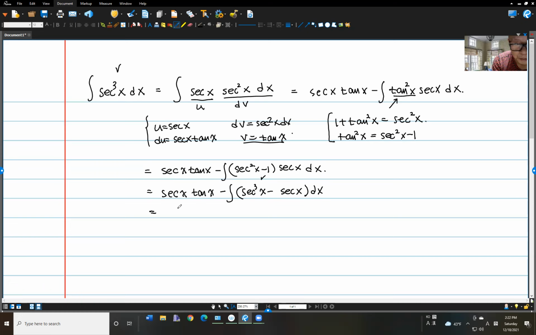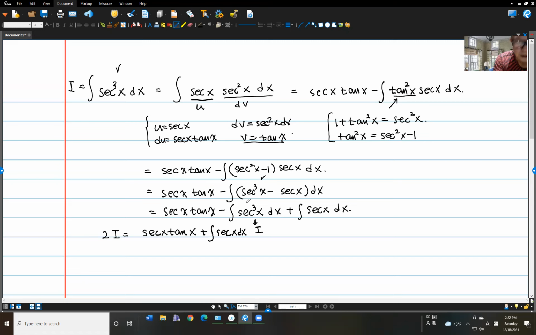So this will be secant x tangent x minus the integral of secant cube x dx, and minus a negative is a positive, the integral of secant x dx. But this is I, this also equals I, so you can add the same I to both sides: 2I equals secant x tangent x plus the integral of secant x dx.